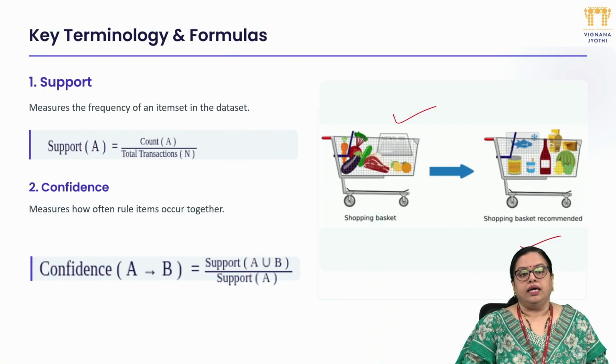In this algorithm we calculate all these supports and confidences and find an association rule. The strong rule gives us a recommendation, how a supermarket can give a recommendation for the next shopping.